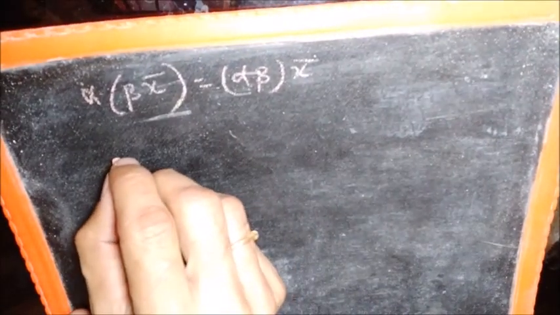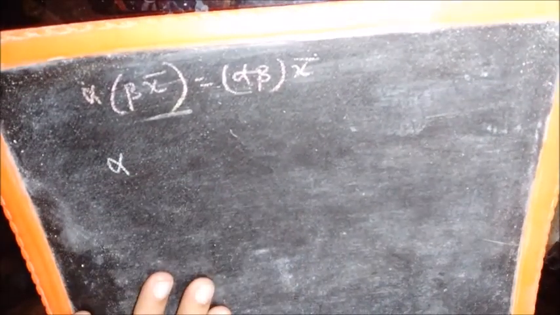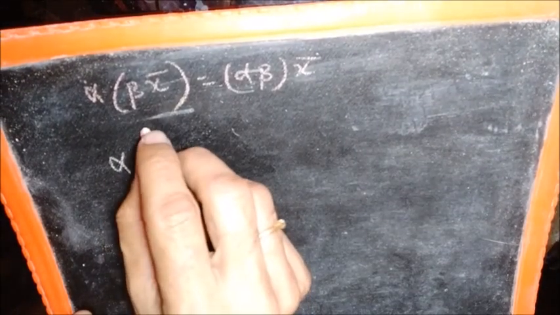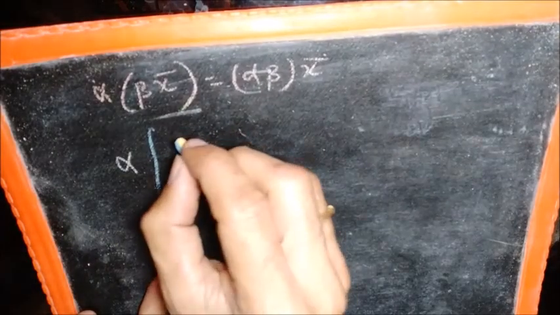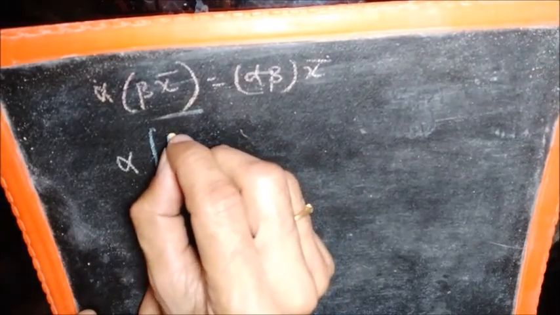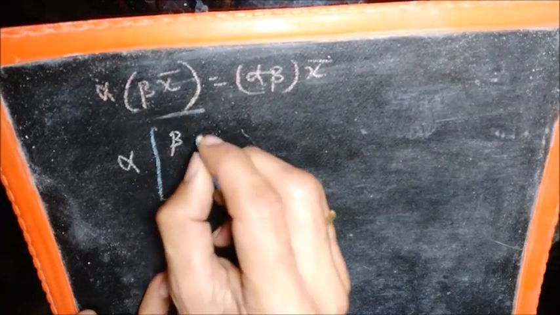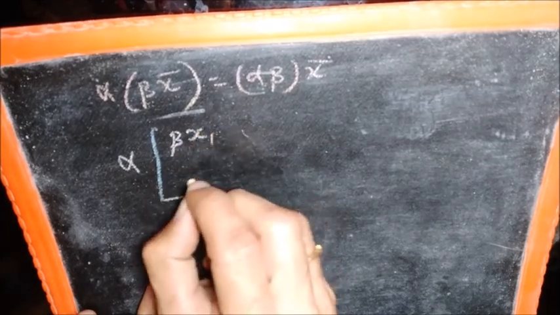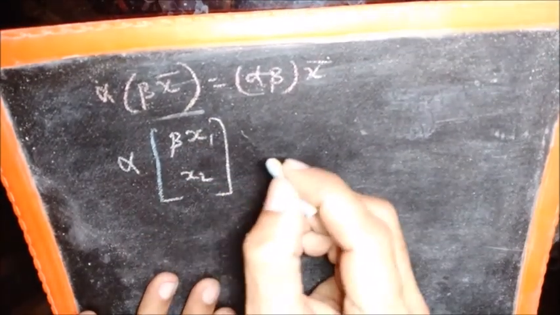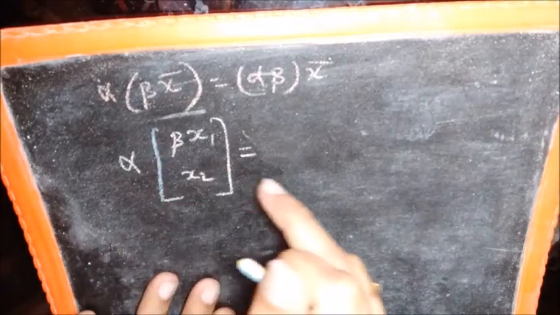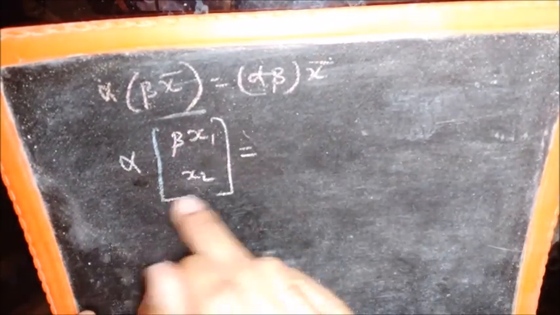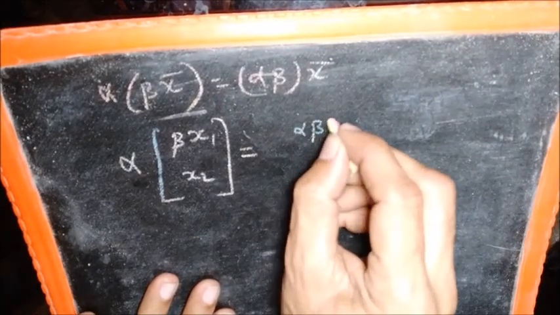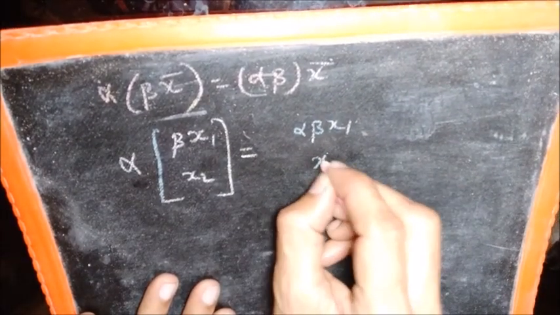So on the left hand side, when I take alpha and beta x, beta is a real scalar. So beta into x will be, the way we defined the scalar multiplication, beta x1 x2, which is equal to, this is the continuation of the left hand side, again a scalar multiplied with a vector, which turns out to be alpha beta x1 into x2.